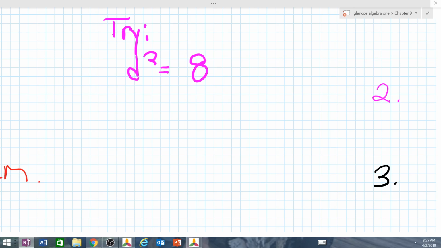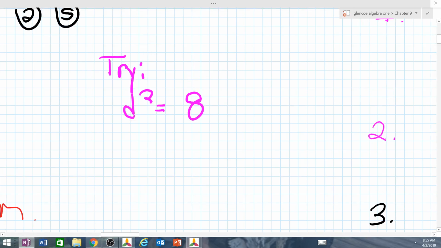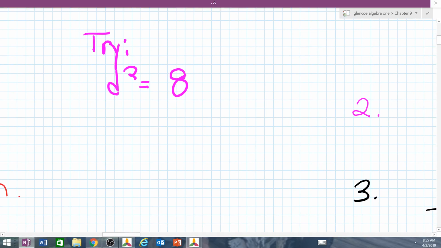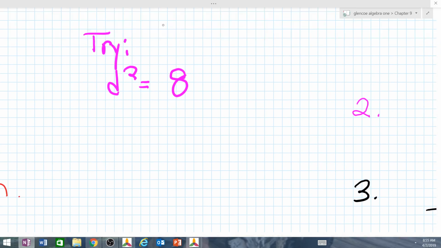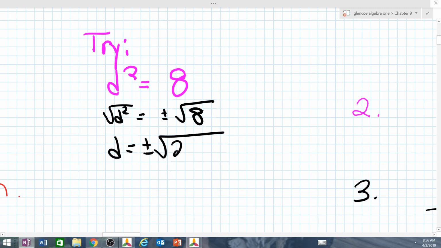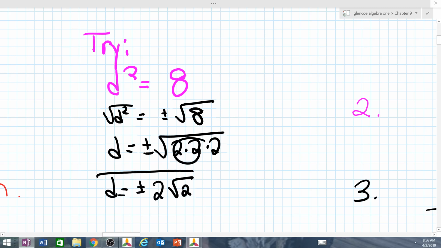Make sure you simplify it. Okay, when you get an answer, check with a friend. This is pretty simple and straightforward.